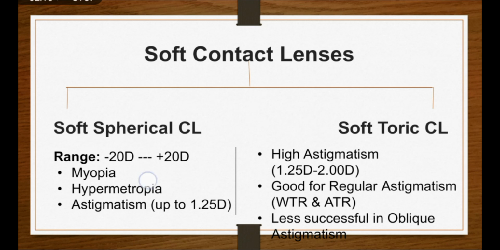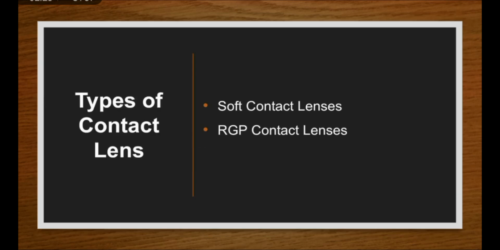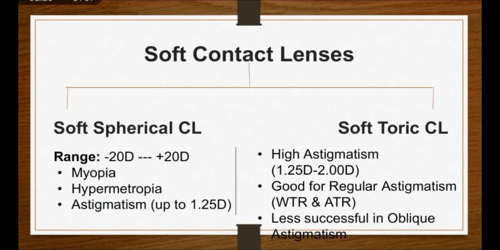So myopia, hypermetropia or low astigmatism up to 1.25 diopters can be corrected with the help of soft spherical contact lenses, and they range from -20 to +20 diopters. So even if a patient has a refractive error of -10 diopters, you can prescribe soft spherical contact lenses in that case.